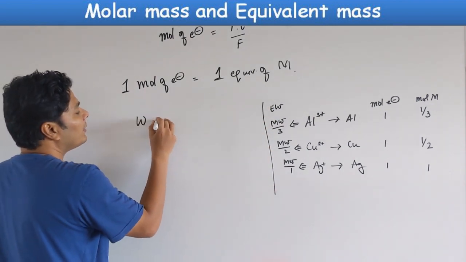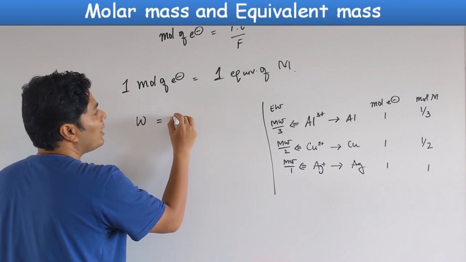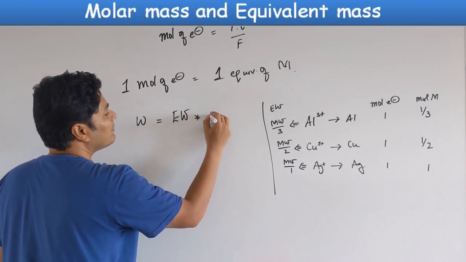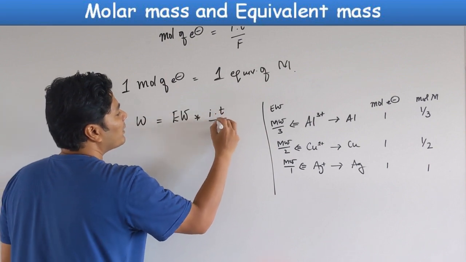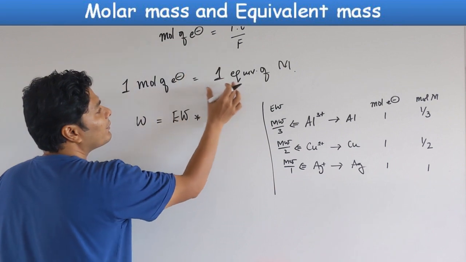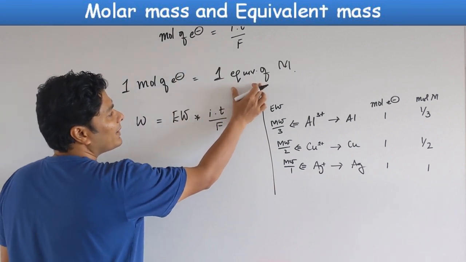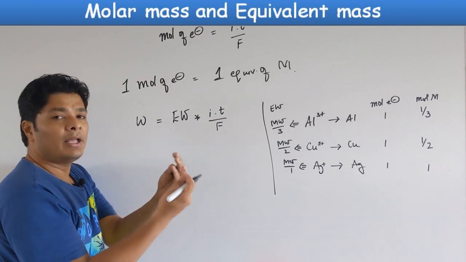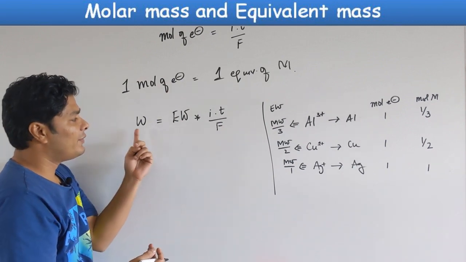The weight of the metal equals equivalent weight of the metal times IT over F. What does IT over F give you? Moles of electron. Moles of electron equals the equivalence of the metal. So if I know the moles of electron, which is the equivalence of the metal, equivalence times equivalent weight will give you weight.